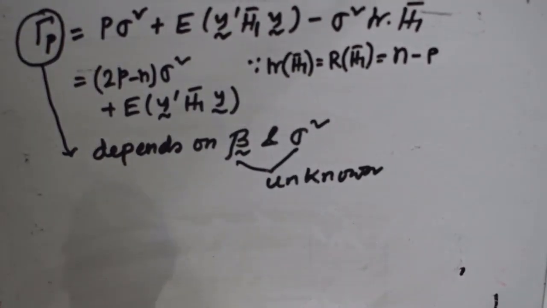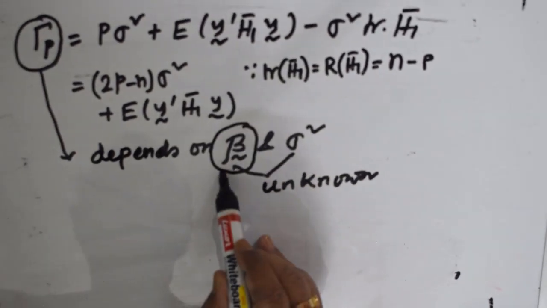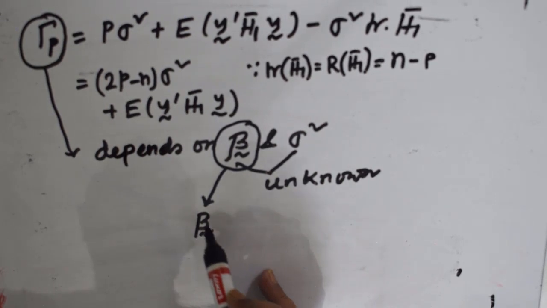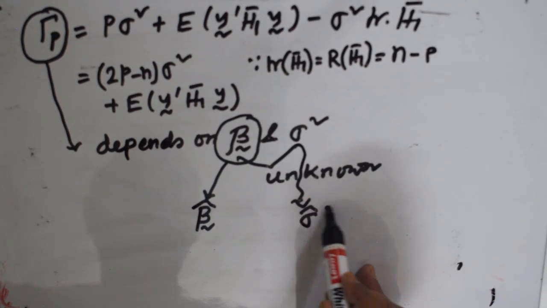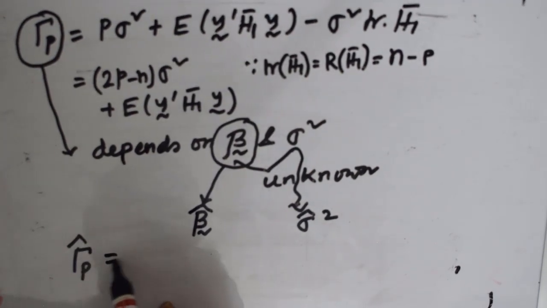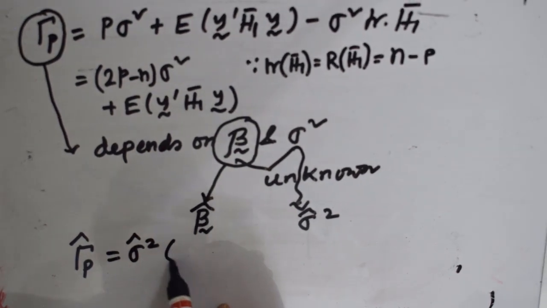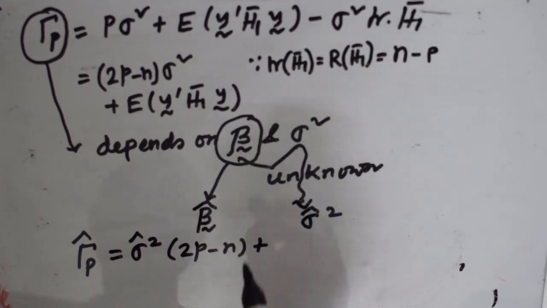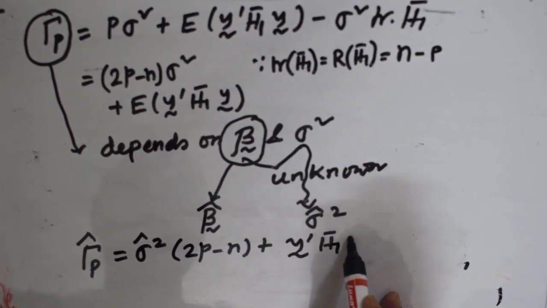Therefore, we replace beta curl and sigma square by their estimators beta curl hat and sigma hat square. Then gamma p hat equals sigma hat square times 2p minus n plus y curl prime h1 bar y curl.